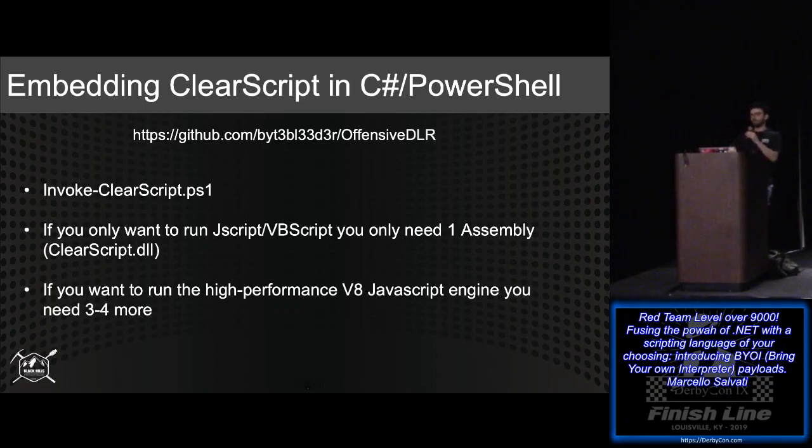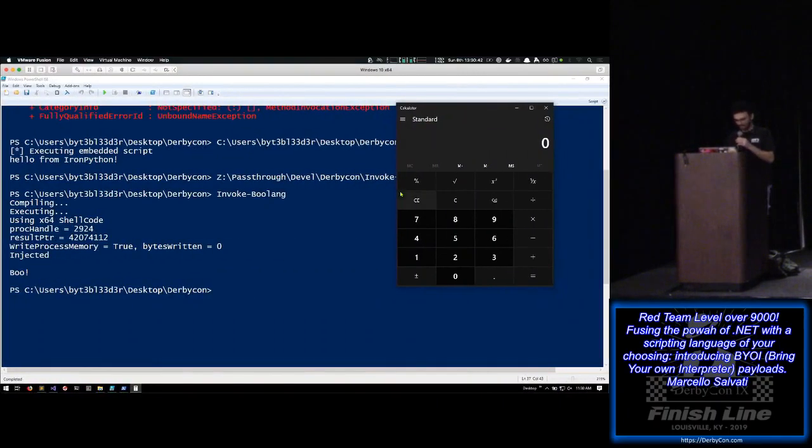Then we're calling getObject on an SCT file hosted on my laptop. So we're basically downloading the SCT file and executing it through PowerShell within ClearScript. And if you want the high performance V8 JavaScript engine for some reason, you're going to need 3 or 4 more DLLs. But let's take a look at that.